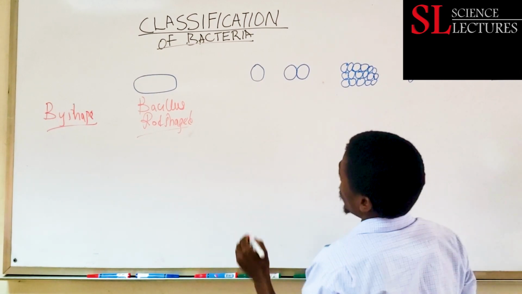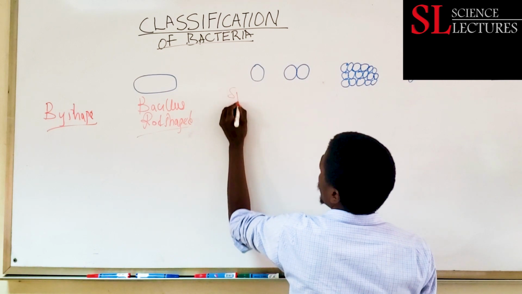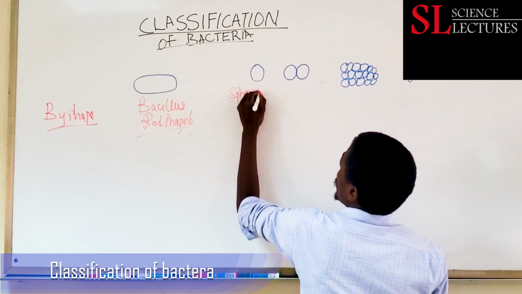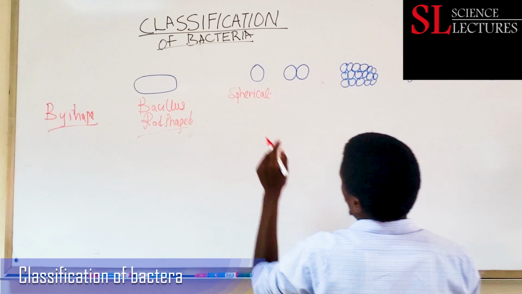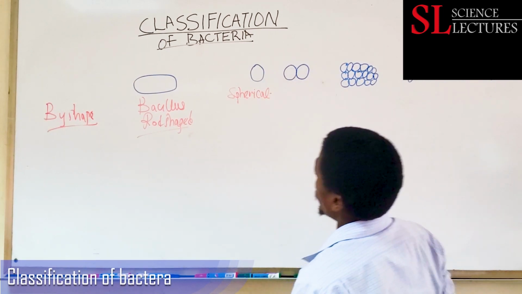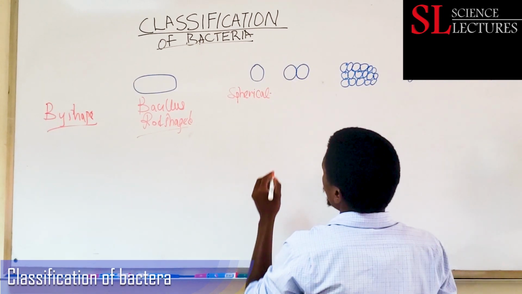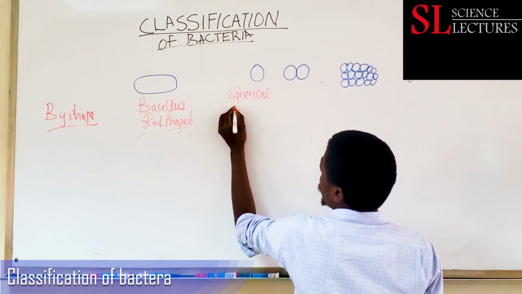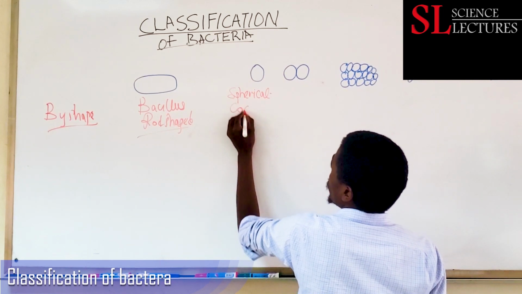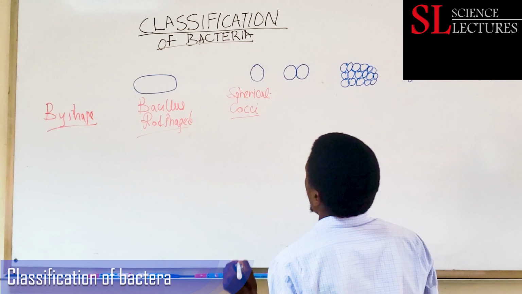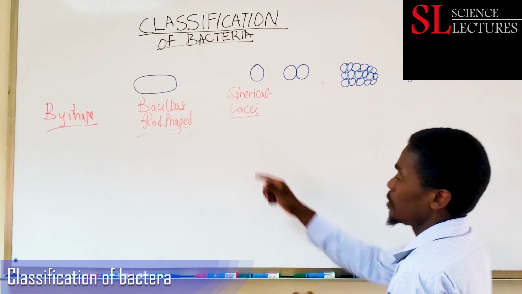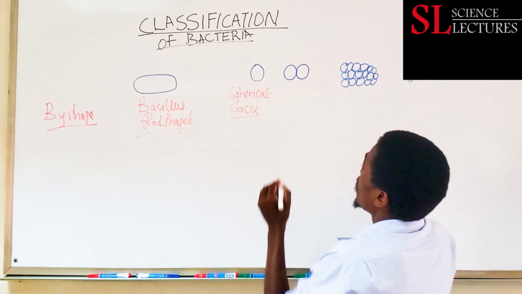Then we have other bacteria that are spherical. When you observe them under the microscope, you will see them as spherical. This shape is referred to as cocci. Whenever you see a spherical bacterium, it is referred to as cocci.